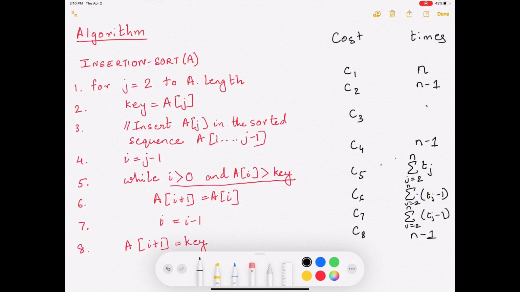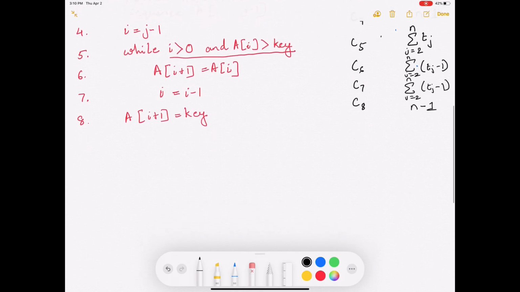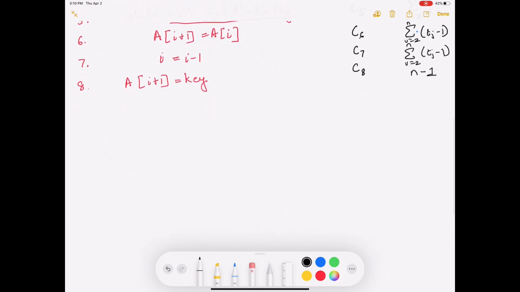So now let's try to write the runtime of this algorithm. So the runtime of this algorithm is Tn. C1 is going to execute n times. The second line is going to execute n minus 1 times. The fourth line is also going to execute n minus 1 times.